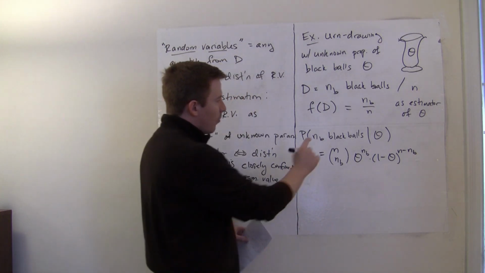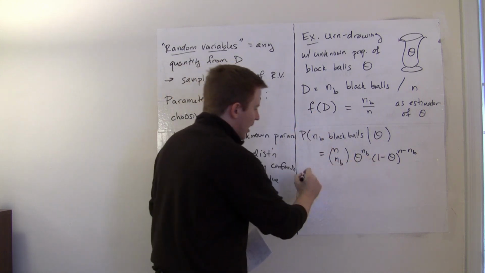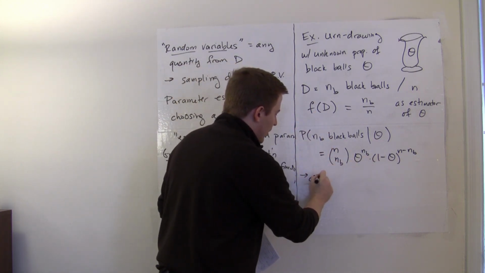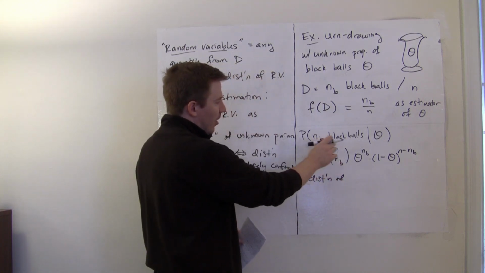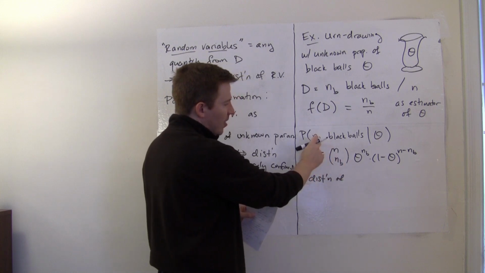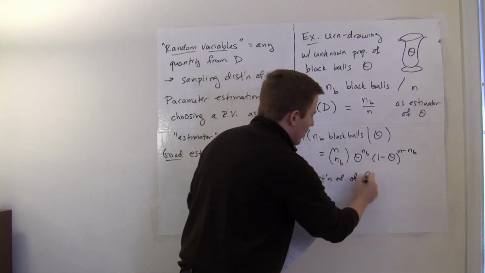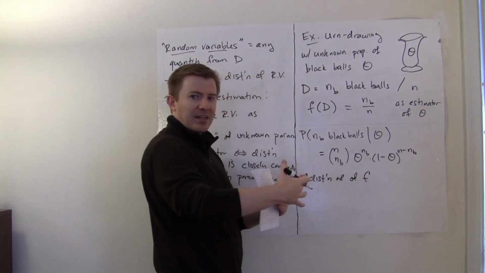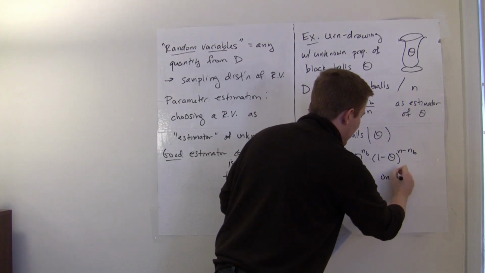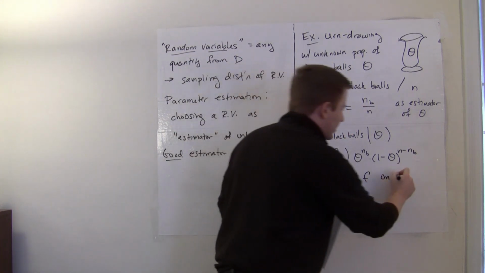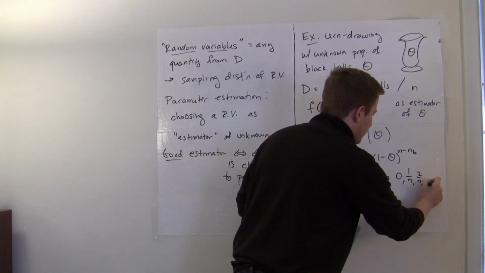What this means for the distribution of f is that it has exactly the same distribution. It's just that instead of talking about this number as a function of nb, we're going to scale it down to the possible proportions, which would be 1 over n, 2 over n, etc. up to 1.